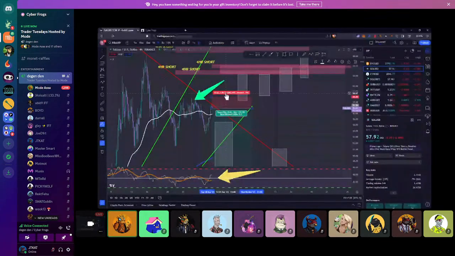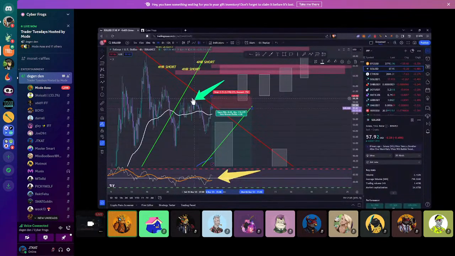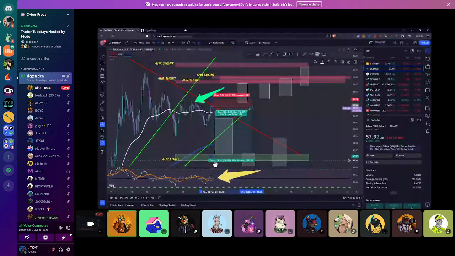Somewhere around a 3.5% risk, setting just above the last high here, and somewhere around 17 to 19% here, taking profit at what Thor is calling for a long.